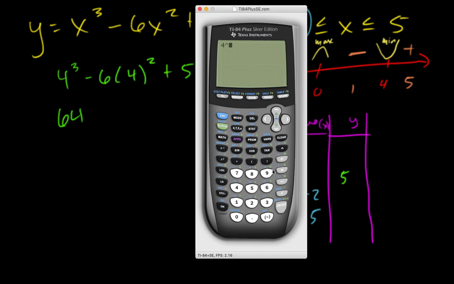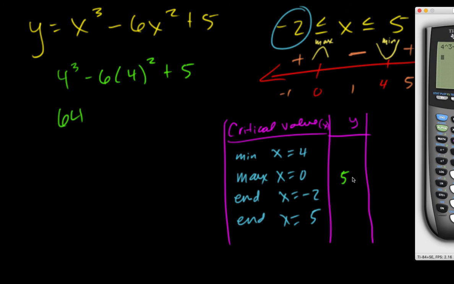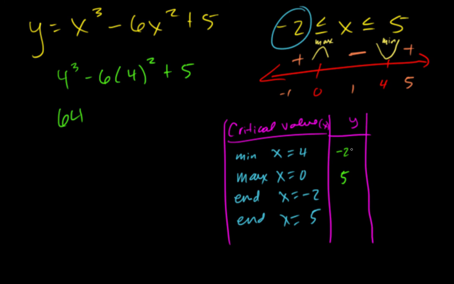Okay, so let's do 4 cubed minus 6 times 4 squared plus 5. All right, so we got -27 for that.